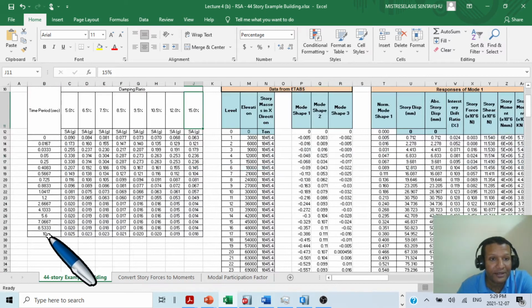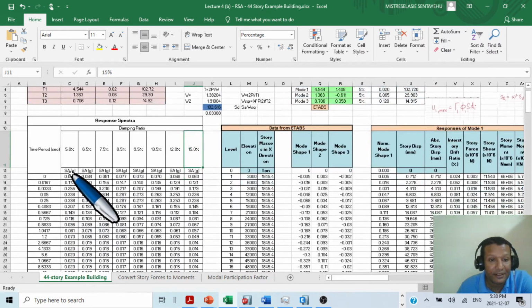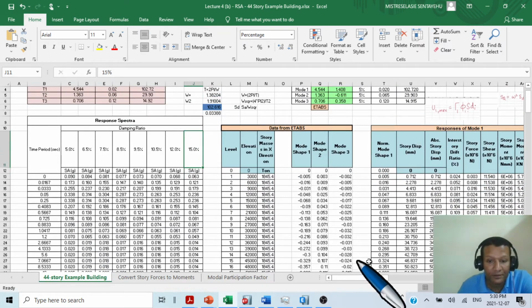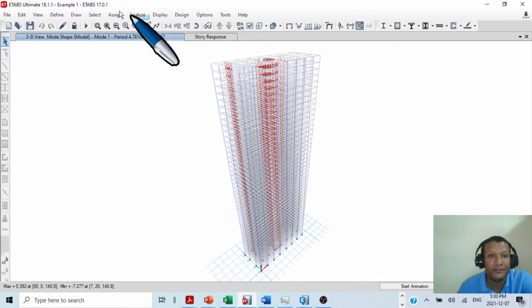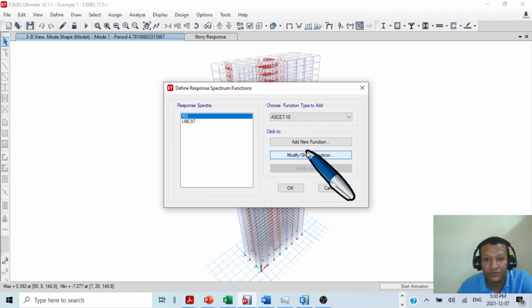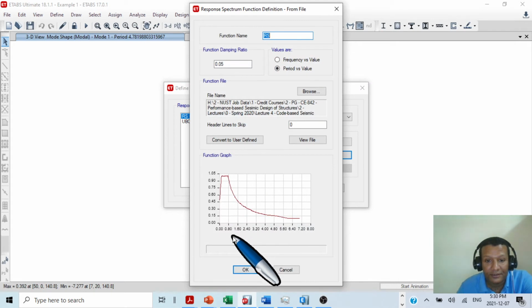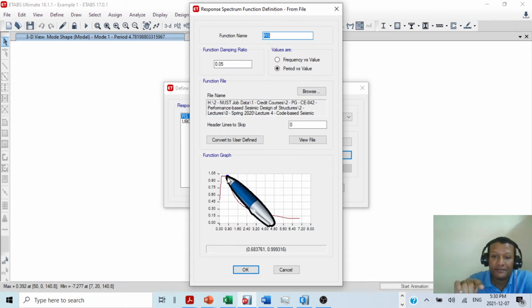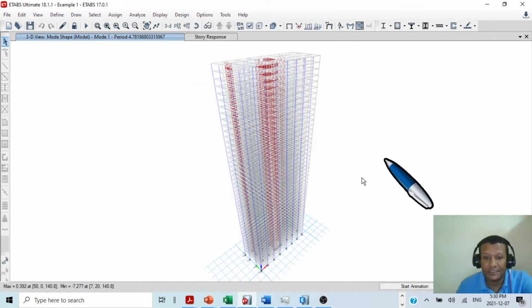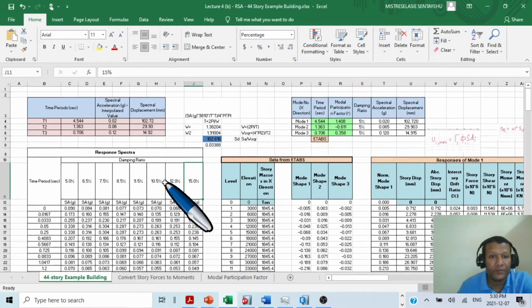This is the time period, and these are the spectral acceleration values. We can directly pick from here, or as I showed you, we go to define a response spectrum, and from here we can see this is our site response spectrum for this particular site.